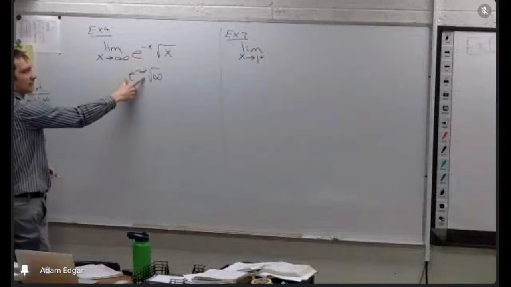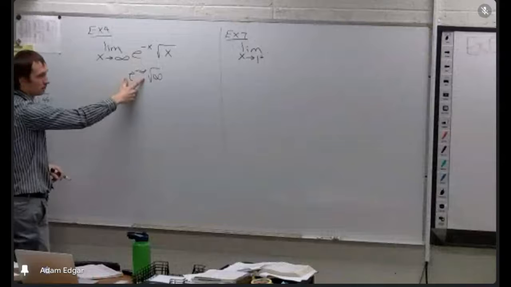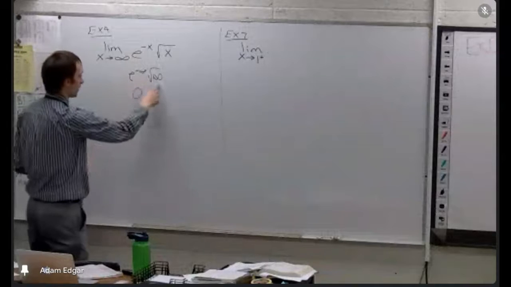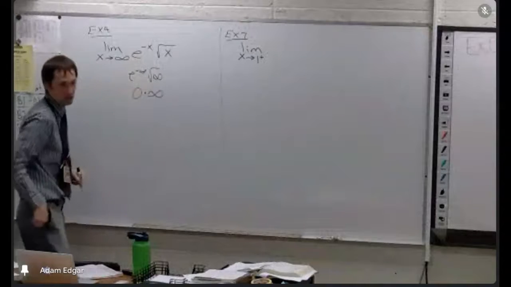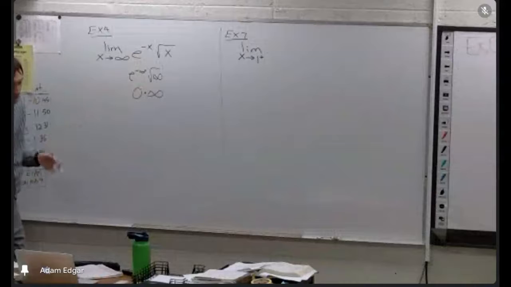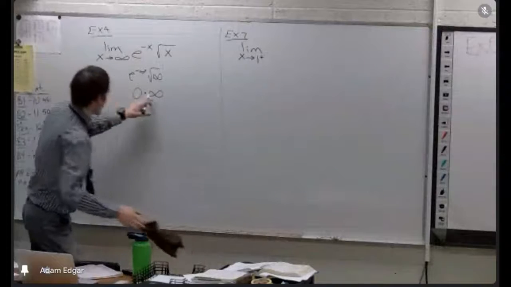What's e to the negative infinity going to be? 0. And what's the square root of infinity? Infinity. And what's 0 times infinity? We don't know. It's like we don't know who wins, the 0 or the infinity.